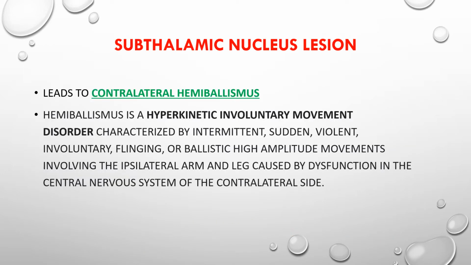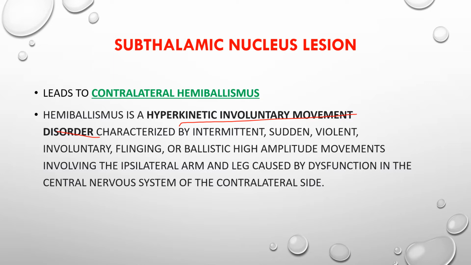Next is subthalamic nucleus lesion. It leads to contralateral hemiballismus. So if there is a right-sided subthalamic nucleus lesion, then the left side of the body will suffer from hemiballismus. What is hemiballismus? Hemiballismus is a hyperkinetic involuntary movement disorder.